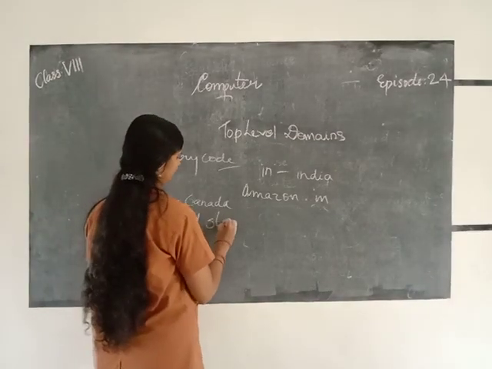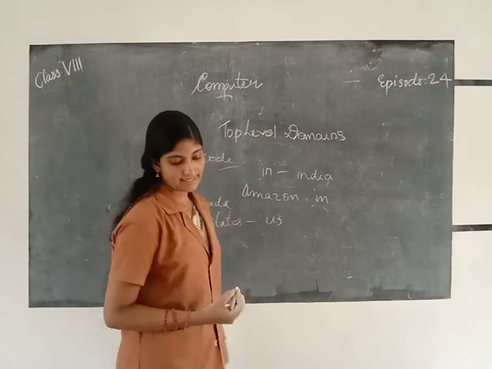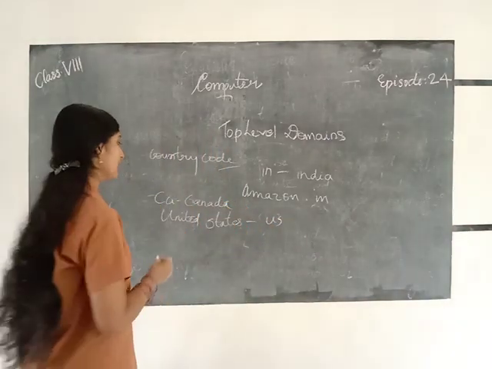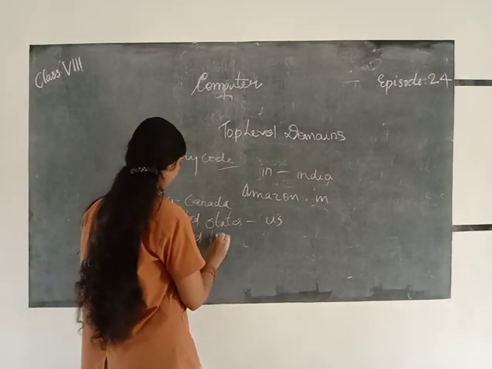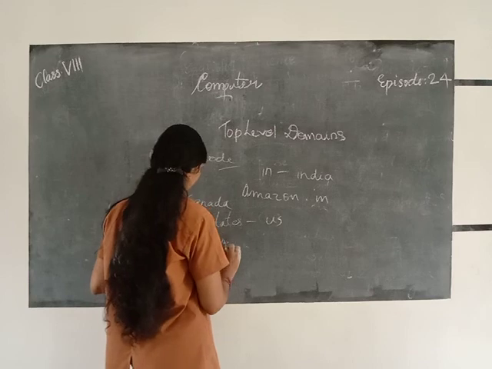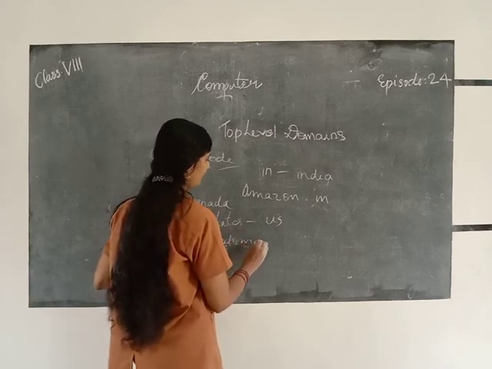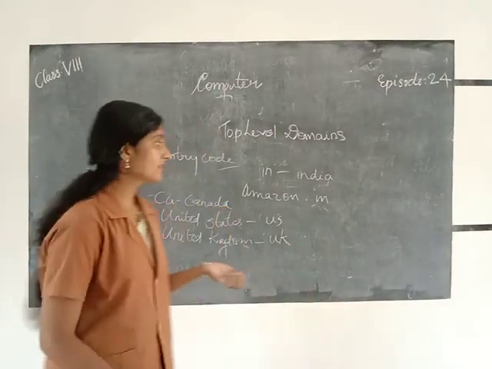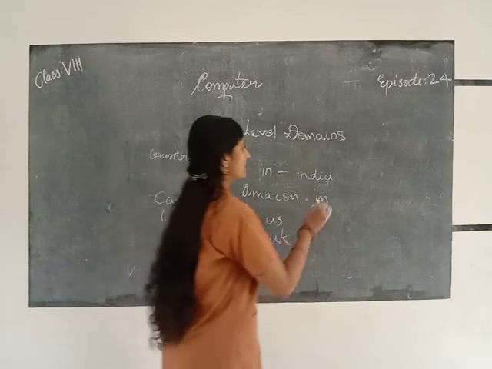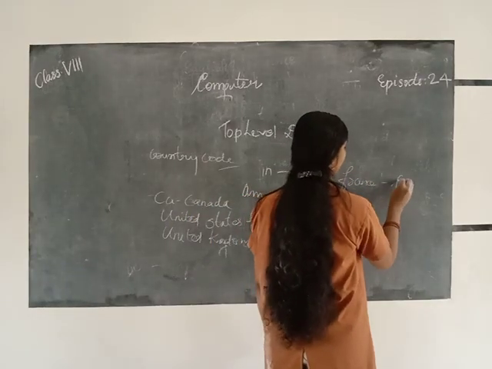In the United States, we know US. The next, United Kingdom, UK. Then next, France. What is the country code of France? FR.